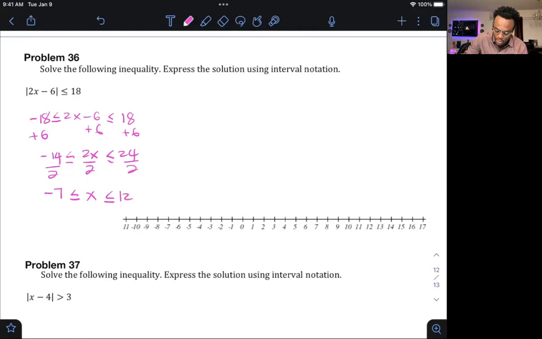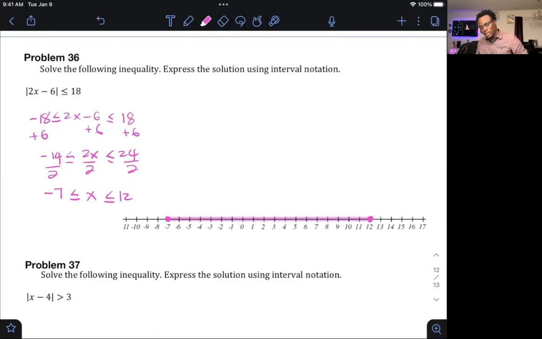Okay, so let's find these values. We're going to put closed circles because we have included signs. So that is negative 7, closed circle, positive 12, closed circle, and in between will be your solution.